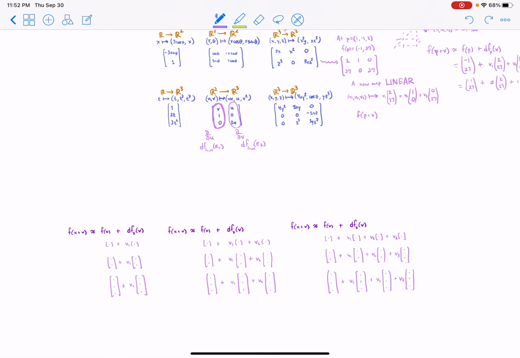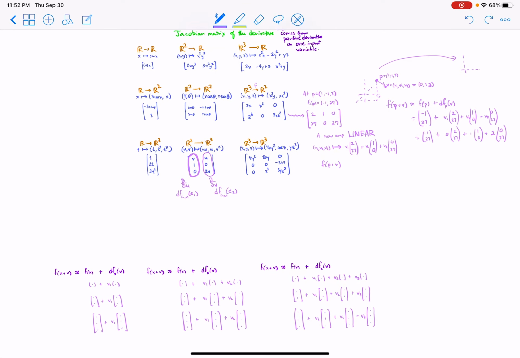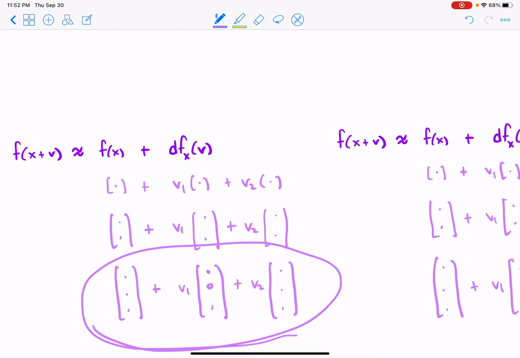And in general, this is how it looks for all the different cases. If we're going from R2 to R3, then we're going to look like this. So our input variables, if we move a little bit, those will be the v's, and those will be the numbers that we use in our linear combination. And if we've chosen a point, these dots here that I didn't write anything in are supposed to be actual numbers, right?